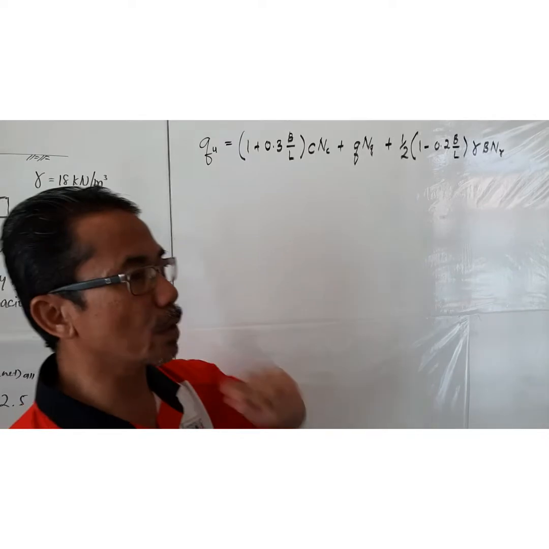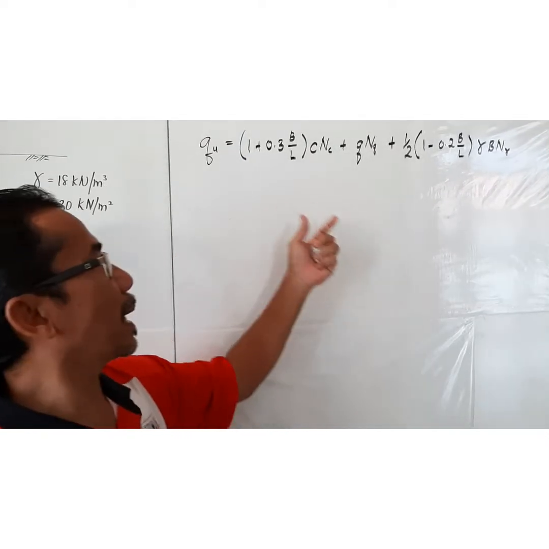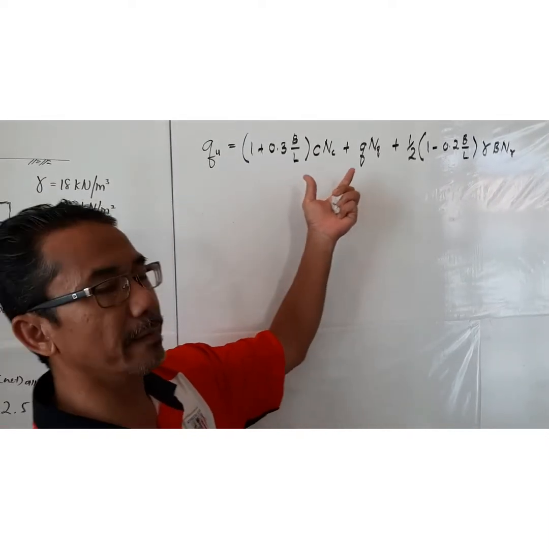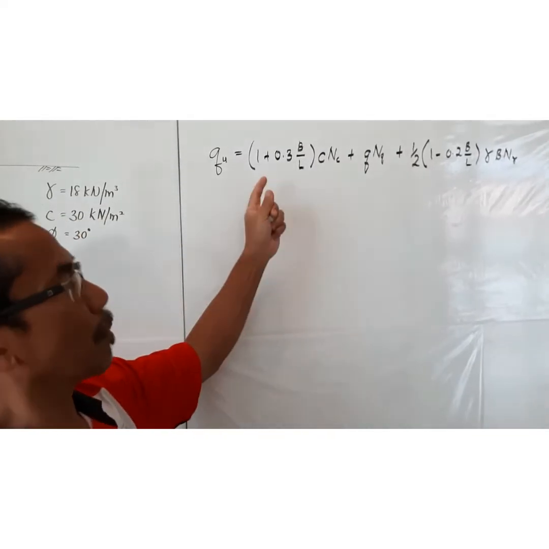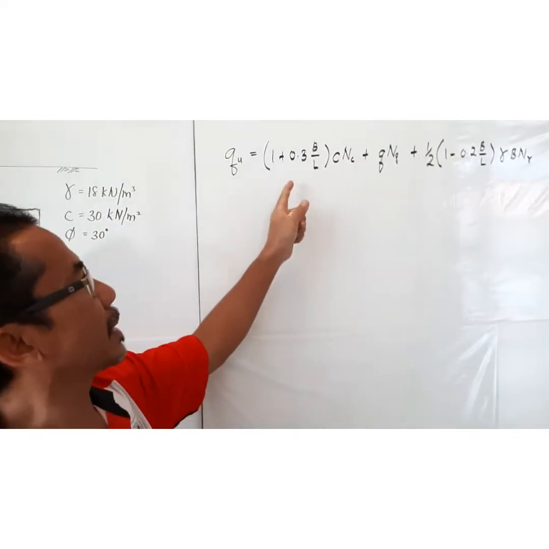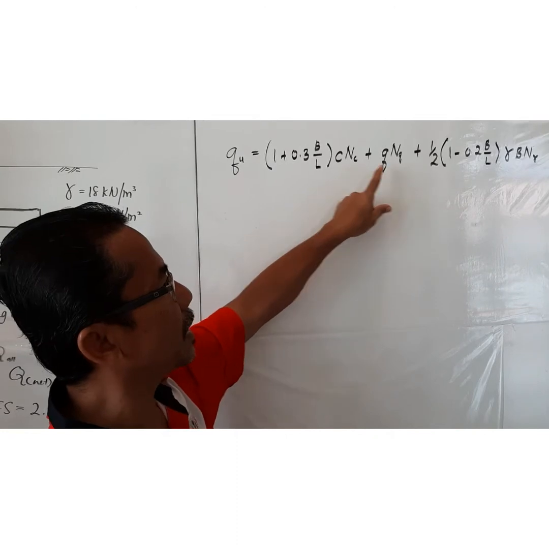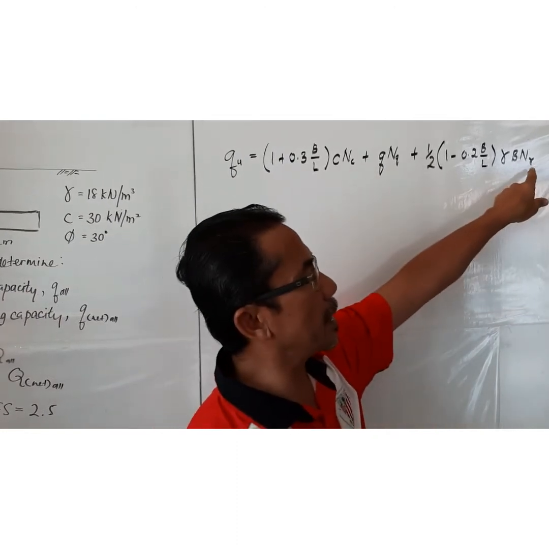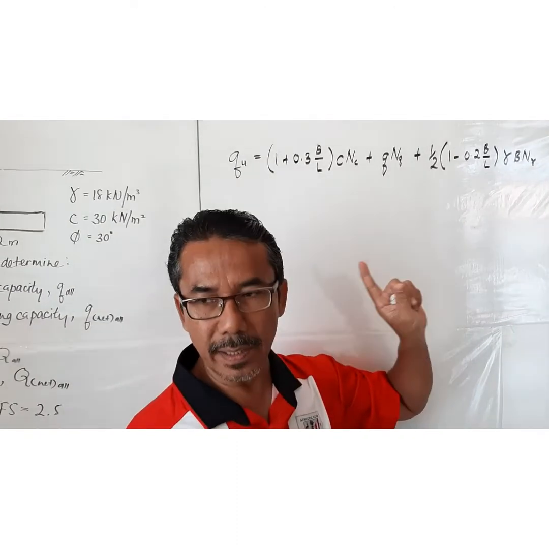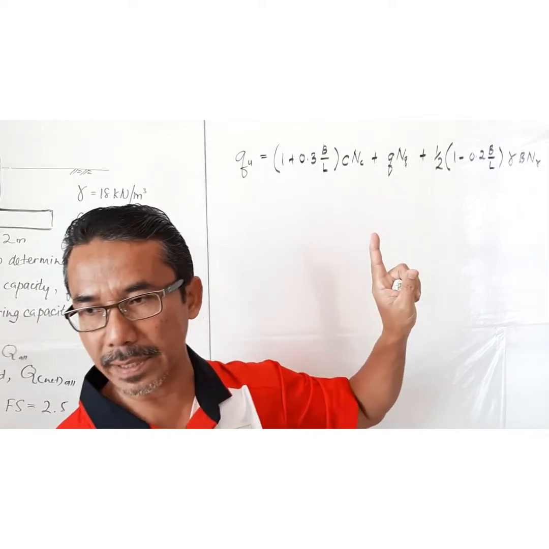So based on this equation, we obtain the values that we can refer to in the book, such as the values of N sub c, N sub q, N sub gamma, which depend on the value of the internal friction angle.